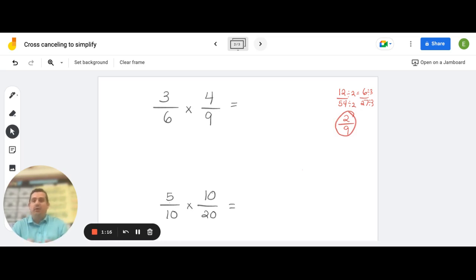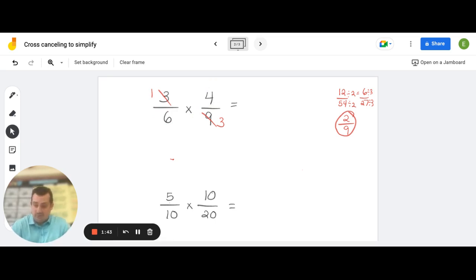Let's see if I can cross cancel to get 2 ninths a little quicker than that. 3 and 9, going diagonal. Is there a common factor between the two? There is, 3. 3 divided by 3 is 1, and 9 divided by 3 is 3. Now I'm going to look at my 4 and 6. Is there a common factor between the two?